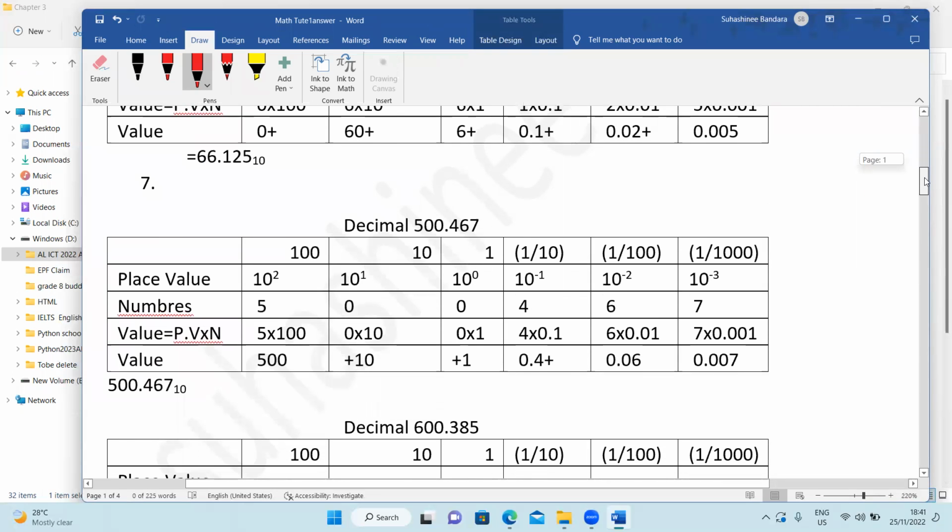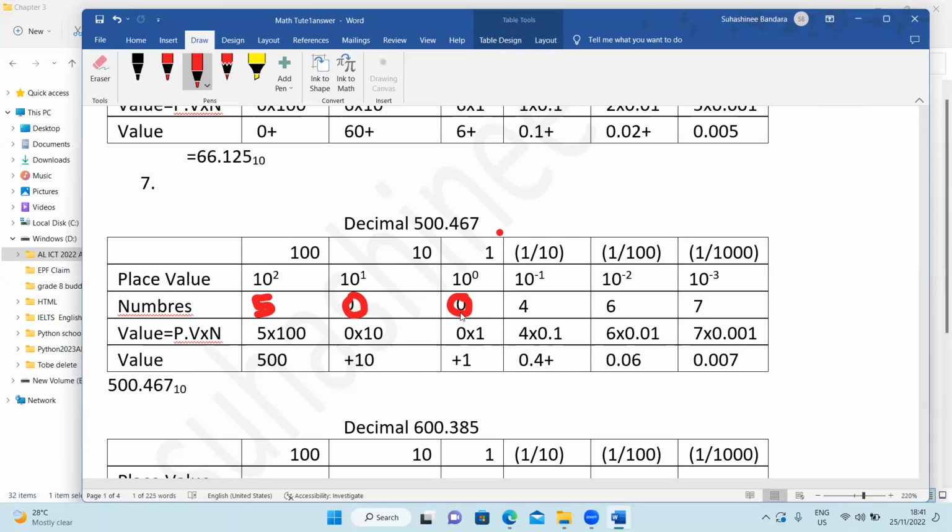Then the next one, decimals, 500.467. You have to start from this position. So you can write the 500. When you are taking 500, you are going to multiply by these place values.